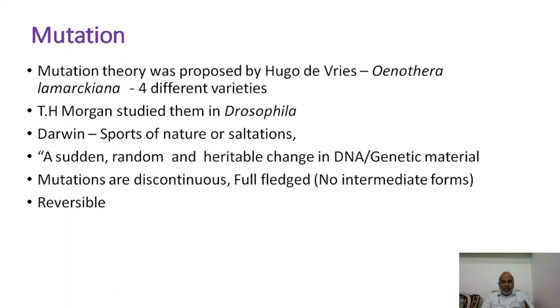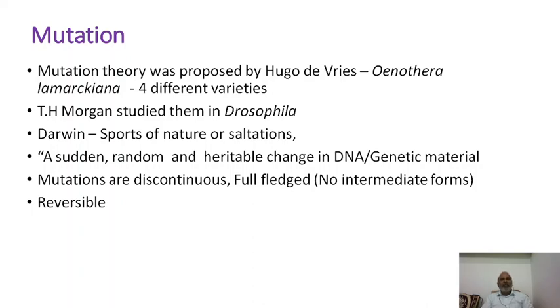So he proposed a theory that sometimes a sudden change may happen. These sudden changes in the genetic material may bring some changes in morphological or anatomical characters, and these sudden changes in the genetic material are termed mutations.